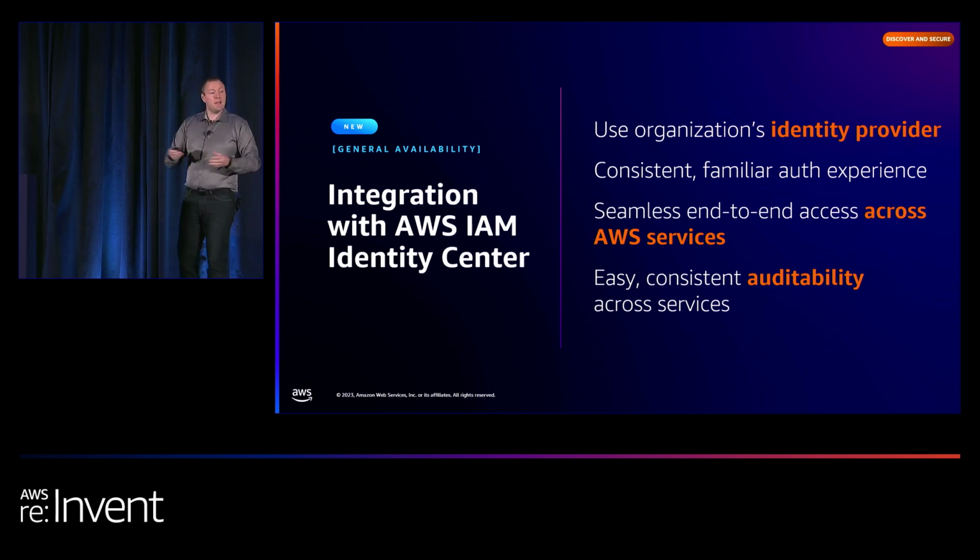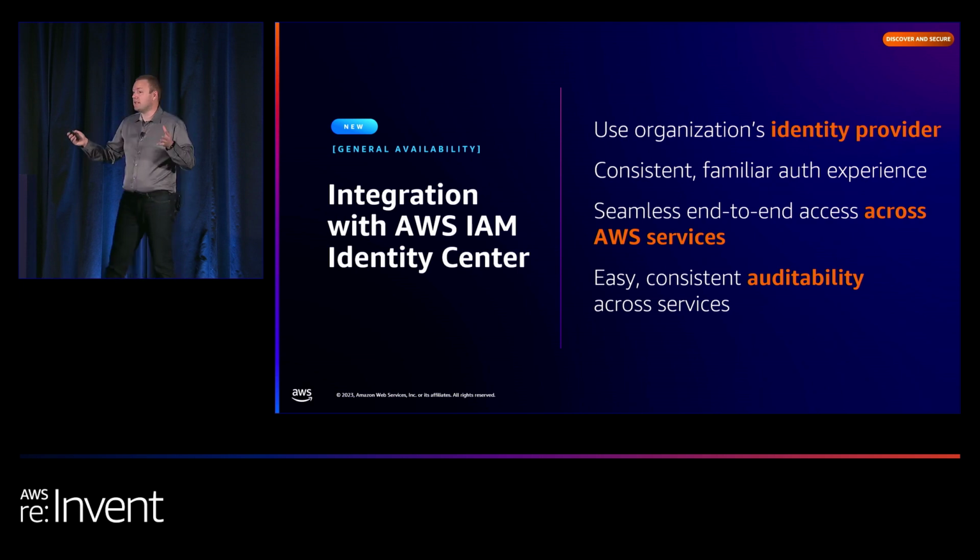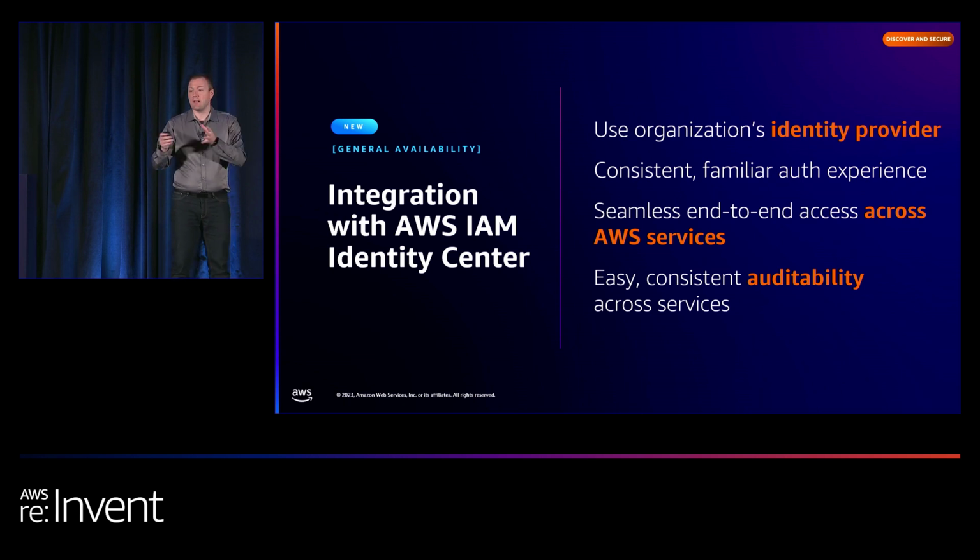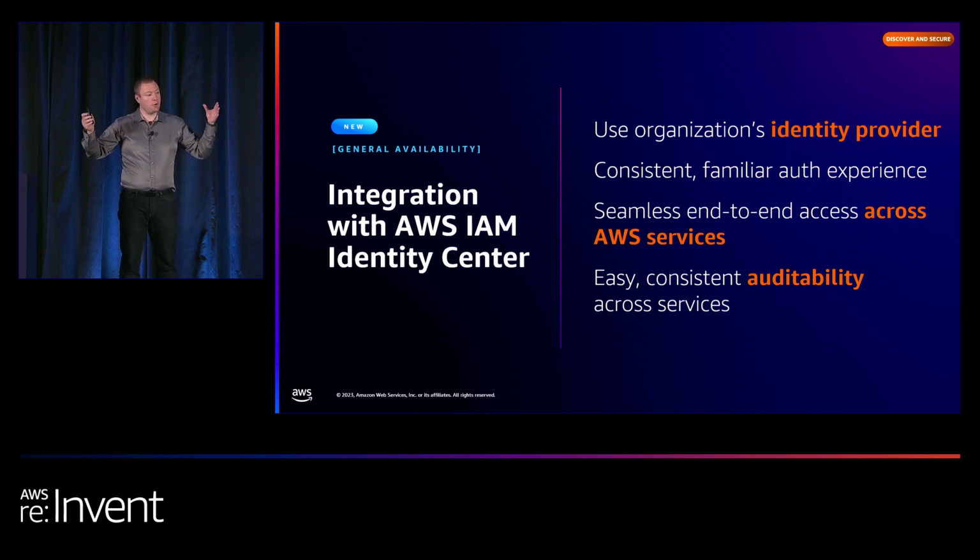So I can grant access permissions to leon@anycompany.com in the same way that I would do today to any IAM principal. And since I'm granting access to leon@anycompany.com, all of the underlying services will understand that identity as well. So that means that from an auditability point of view, I have a consistent view of who accessed the data at what point.